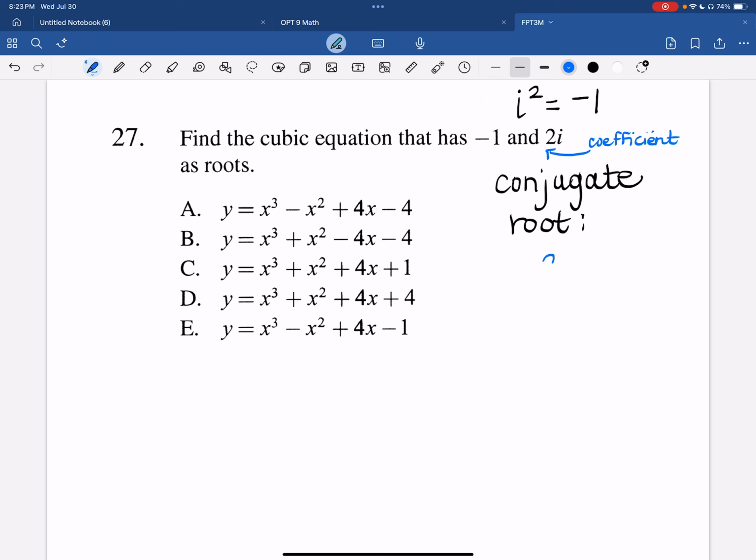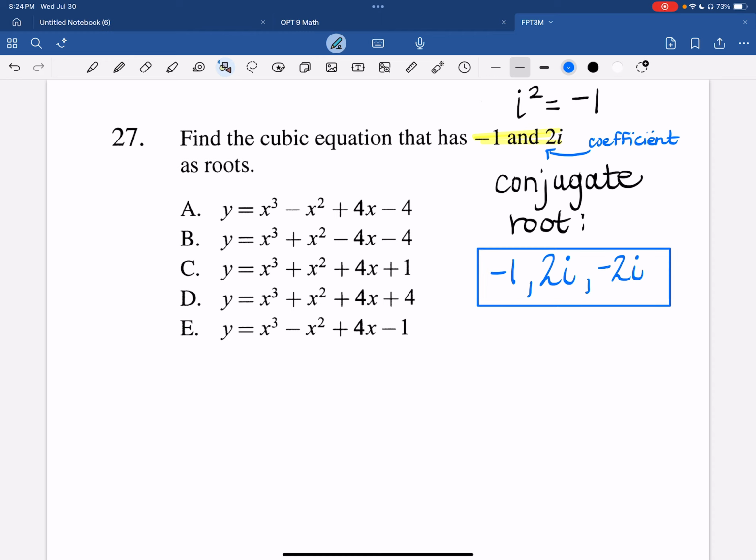And if 2i is a root of this equation, I know also that -2i would be a root of this equation. And the third root of the equation is the -1 right here. Those are both roots, and I know the conjugate of 2i is -2i. So these are the 3 roots that I'm going to be working with.